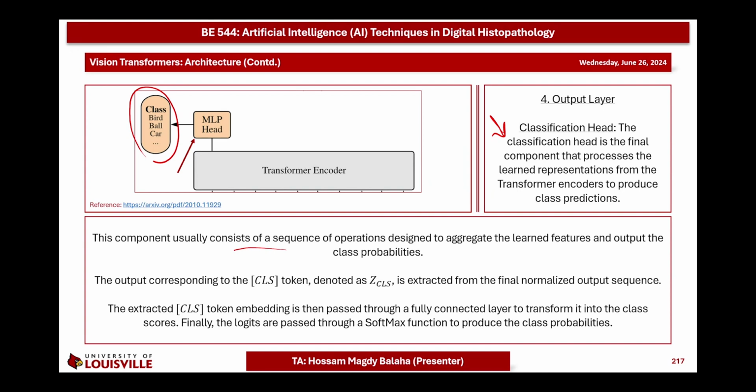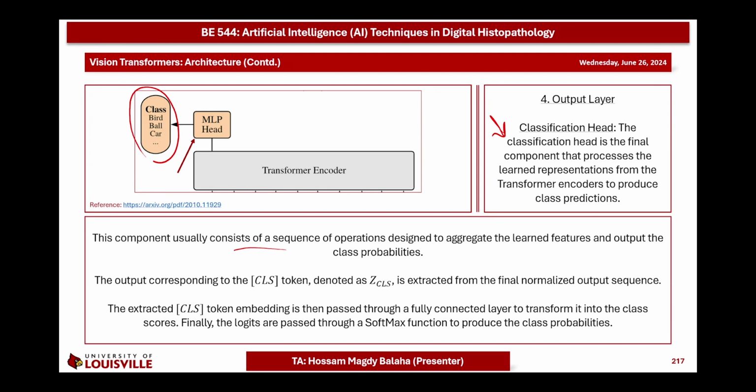As noted a while ago, a special token, which is named CLS, was added to the sequence of batch embeddings, and this token is intended to aggregate information from all batches to make the final classification. During the training process, the model will learn to use the representation of the CLS token for the classification task. The input sequence, including the CLS token and the batch embeddings, is processed by a series of transformer encoder layers as mentioned.